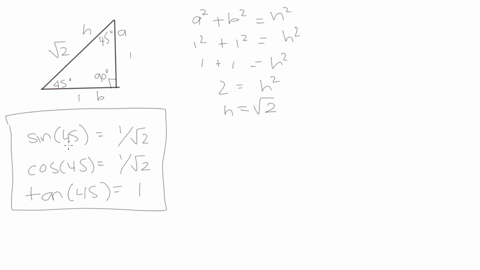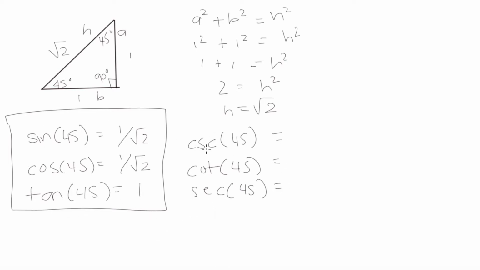So 45 degrees is the first special angle that forms this first special triangle. And remember, if you had to figure out, let's say, cosecant 45, or cotangent 45, or secant 45, you can easily calculate that by just doing the inverse of these respective functions.